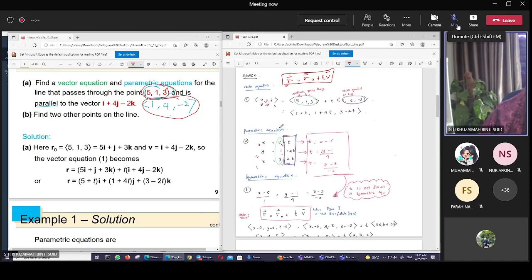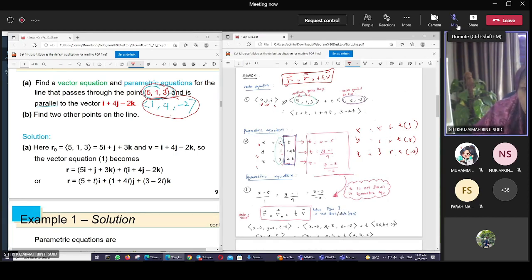We can write x, y, z as the point it passes through, (5, 1, 3), plus t times the parallel vector, where the coefficients are 1, 4, and -2. If the question asks for the parametric equation, we can write it like this.